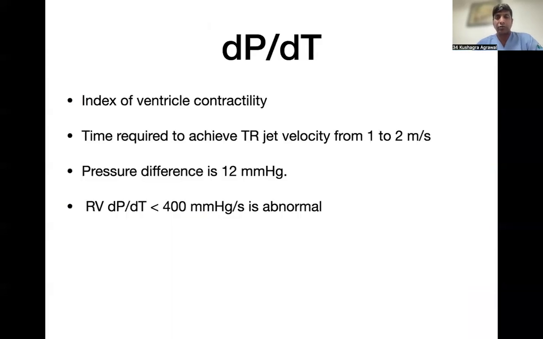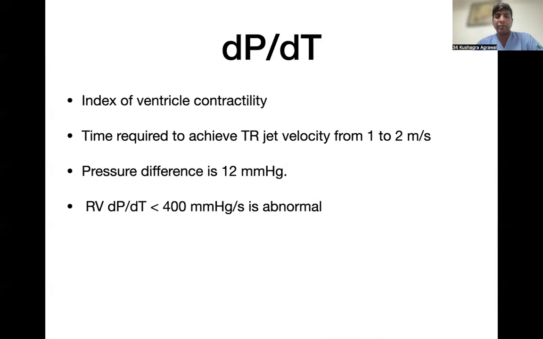Now coming to the dP/dt ratio. So dP/dt means how much this myocardium can generate pressure over a fixed particular time. So it is an index of myocardial contractility.